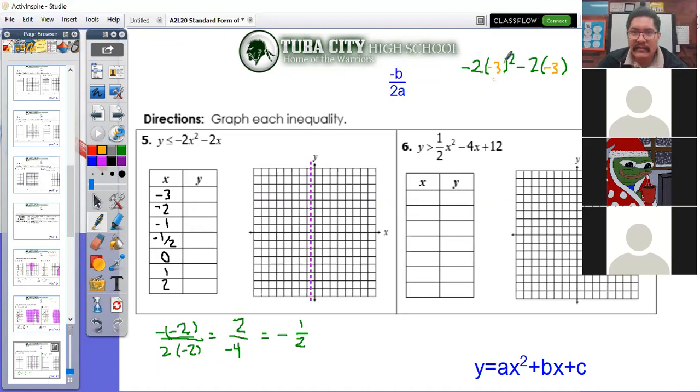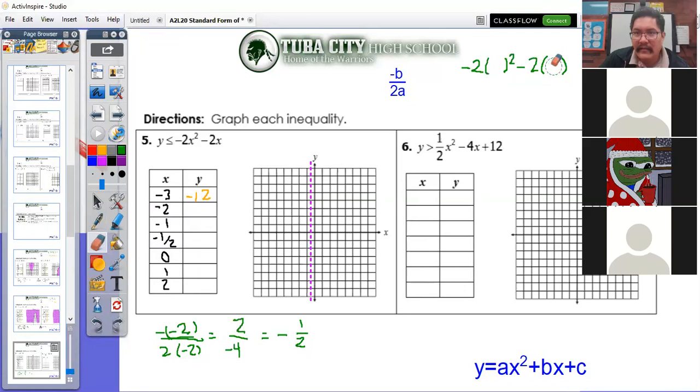So again, use your exponents first. Negative 3 times negative 3 is 9, and 9 times negative 2 is negative 18. Negative 2 times negative 3, so negative times a negative will be positive, so this would be negative 12. And that's our first one.